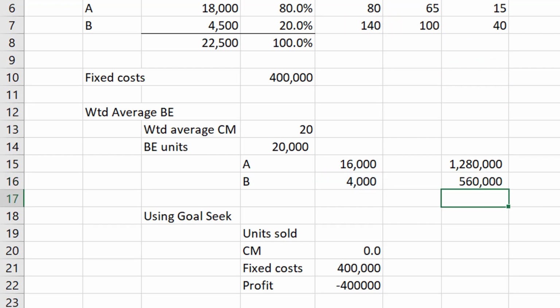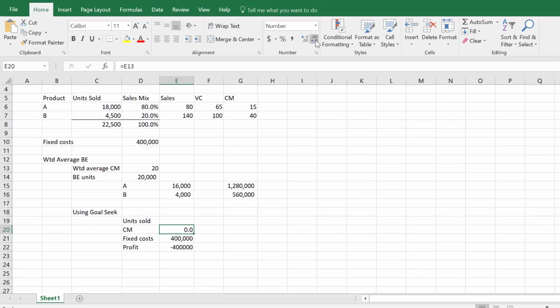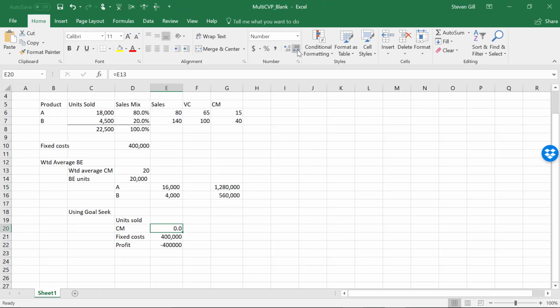Okay, so the last part is we can use something called goal seek in Excel. And goal seek is wicked cool because what it allows you to do is try to solve the exact same problem we just worked through. So what we need to do is say, well, look, break even would mean our profit is 0.